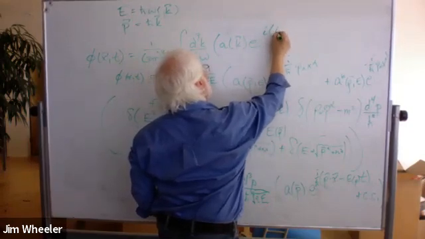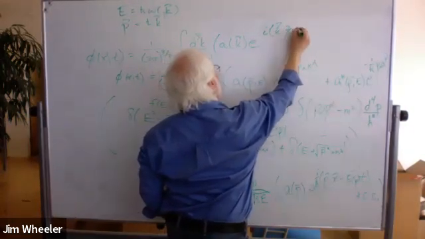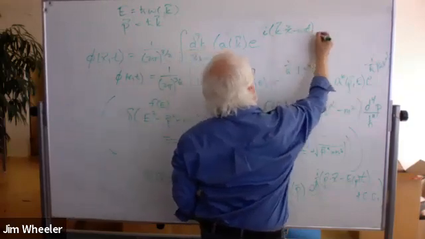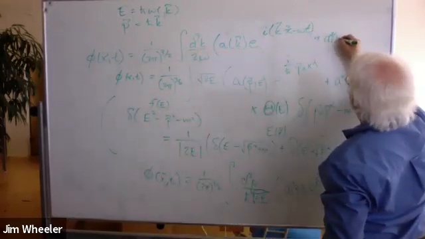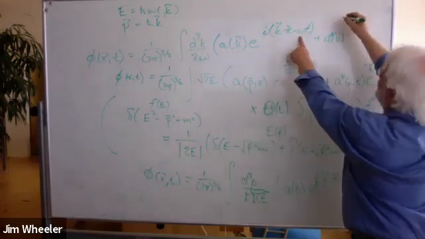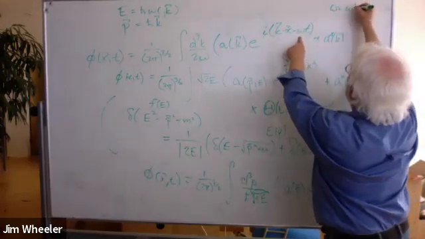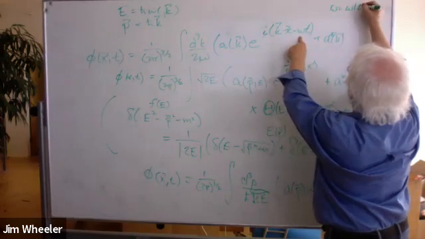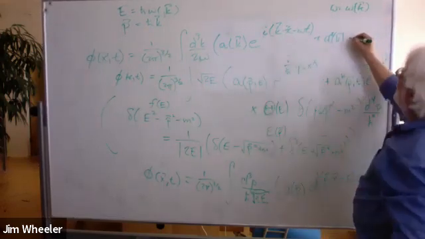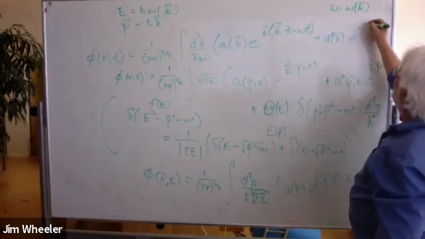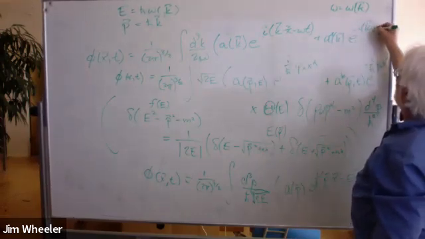e to the i k dot x minus omega t, where here you have to understand that the omega is a specific omega of k, like this, e to the minus i k dot x.